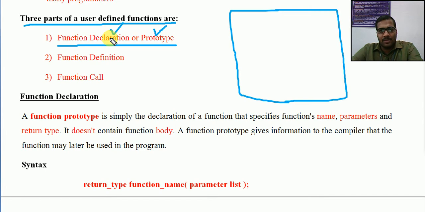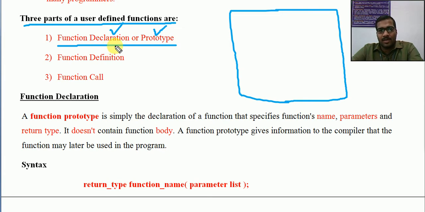If you don't declare a function, the compiler will not understand it. Similar to a variable: if you don't declare it and use it later, it will show an error, because the compiler cannot understand it. Similarly, if you don't declare a function, it will generate an error that it cannot identify that function.